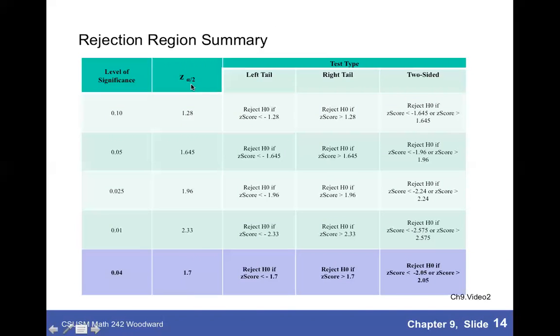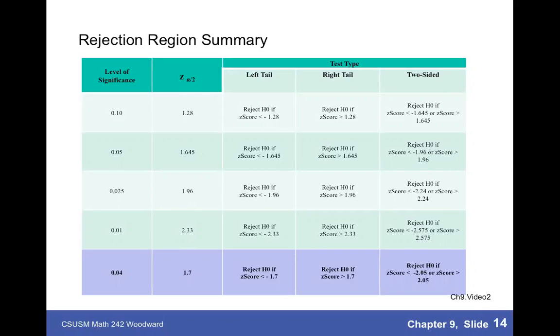Actually, I think that's probably wrong. I think that should be Z alpha. I don't think that column should be there, period. I think we should just ignore this column. And I should probably put over here alpha over 2. That would probably make this more clear.